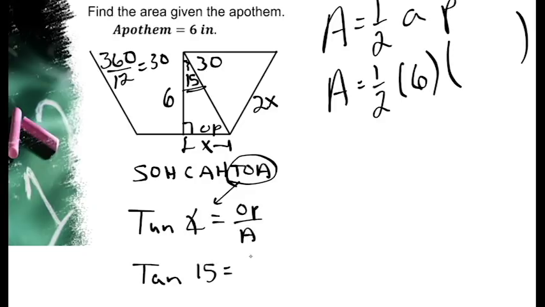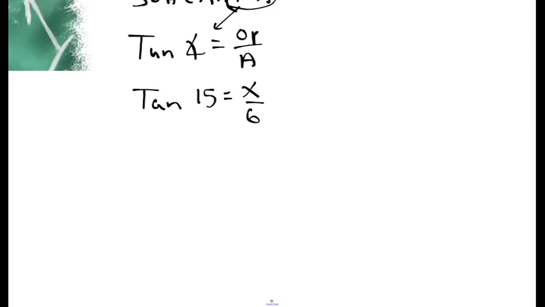So the tangent of 15 is equal to x over 6. With the x on the top, all we have to do is multiply both sides by 6.